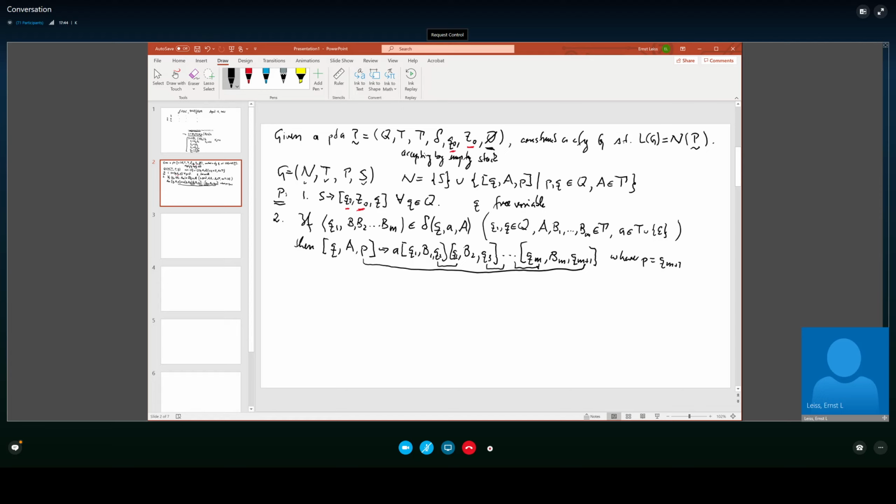So the free variables here are Q2 through Qm, because the Q2 and the Q3 and the Qm are all states, but they're free, whereas this Q1 is not free because this is that, and that Q is this.